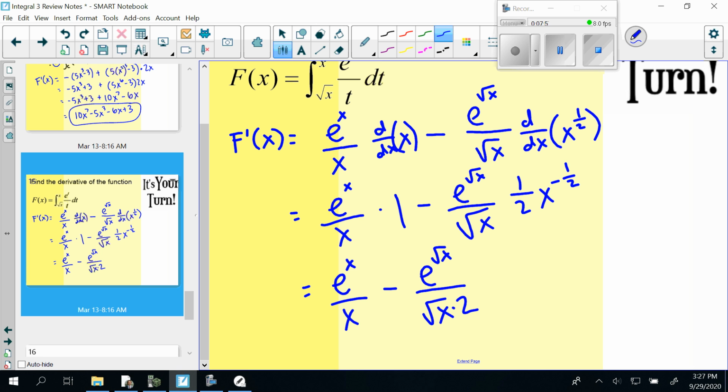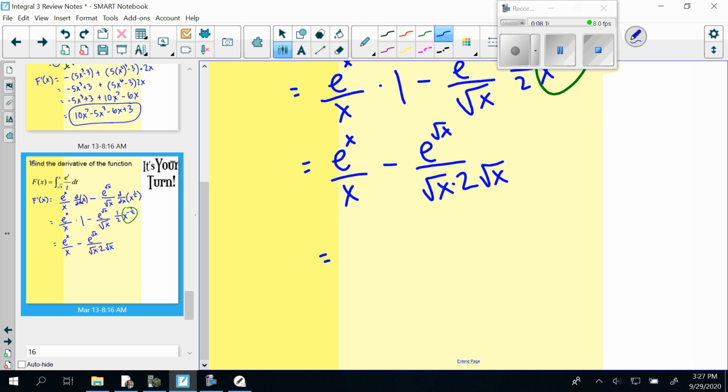If this gets moved down to the denominator, that's going to be x to the positive 1/2, or again, we could write that back in the radical notation of square root of x. If we simplify those, square root of x times square root of x would be x.